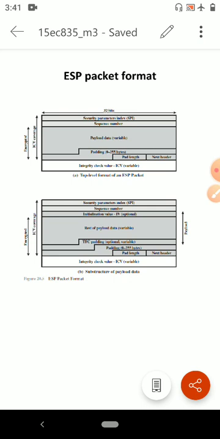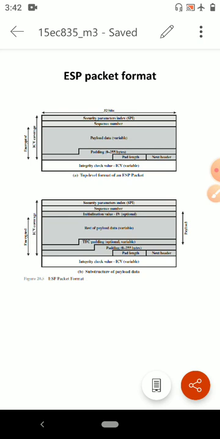The ICV is computed after the encryption is performed. This order of processing facilitates rapid detection and rejection of replayed or bogus packets by the receiver prior to decrypting the packet, hence potentially reducing the impact of denial of service attacks.